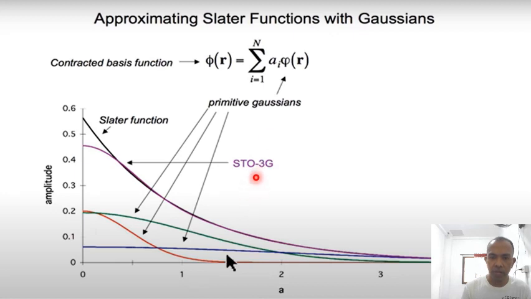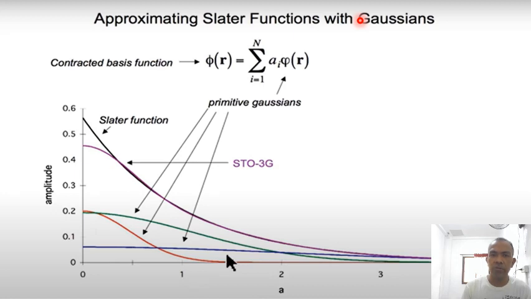So the STO-3G is the sum of all these three curves, the red, the green, and the blue, and we see it matches the Slater function much more closely than what we showed in the last slide, where we only had a single Gaussian attempting to reproduce it.